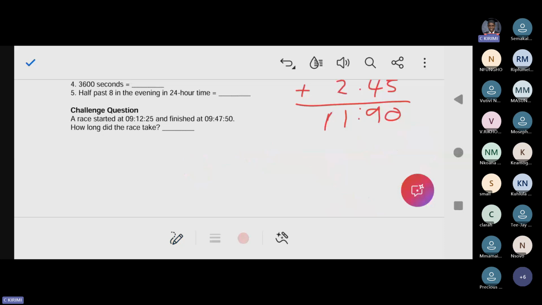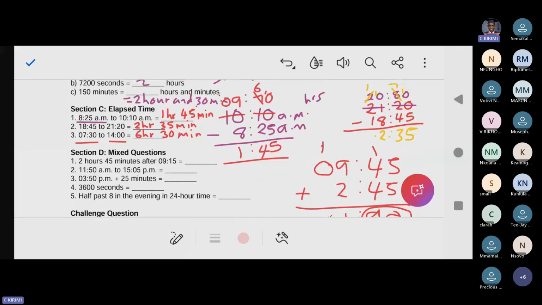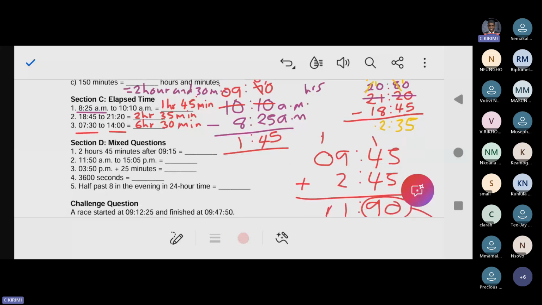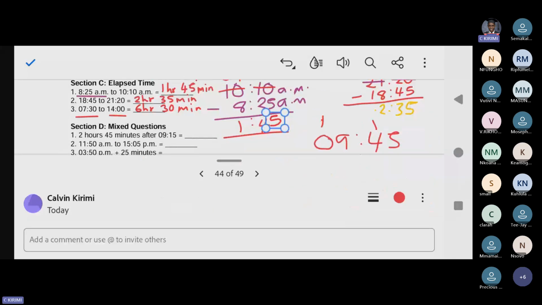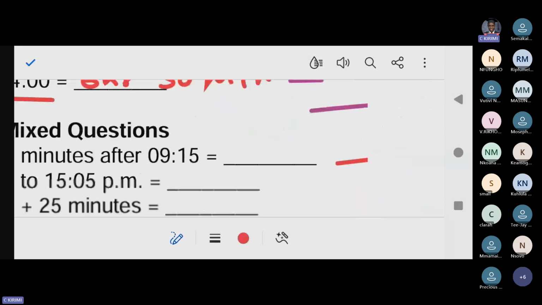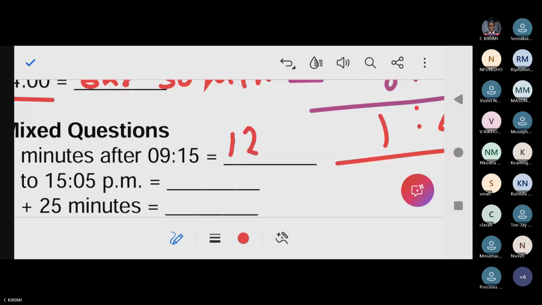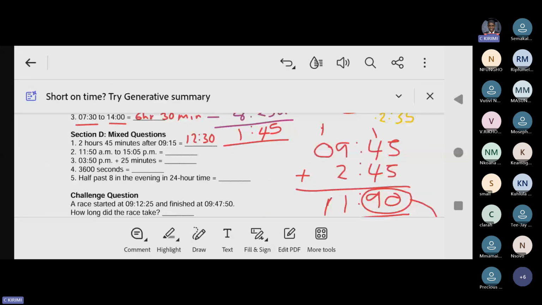So the time that we need to put there, 2 hours, 45 minutes after 9 o'clock, will be 12:30. So we are going to put 12:30 here, in terms of 24-hour notation.